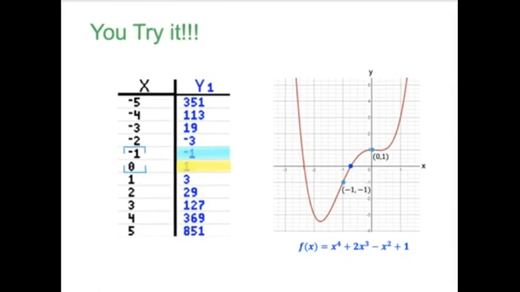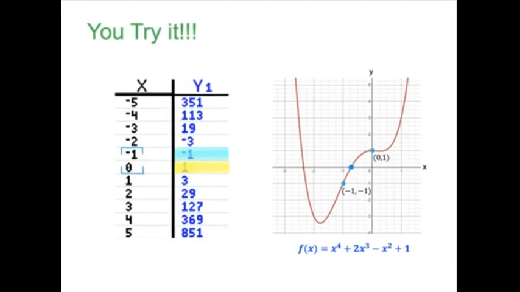And then we can also verify our conclusion by looking at the graph, and it's pretty easy to see. Between x equals -1 and x equals 0, we have a 0 on the graph. And that's because there's a sign change on the y values. f of -1 equals -1, but f of 0 equals 1, so that causes us to move across the x-axis.